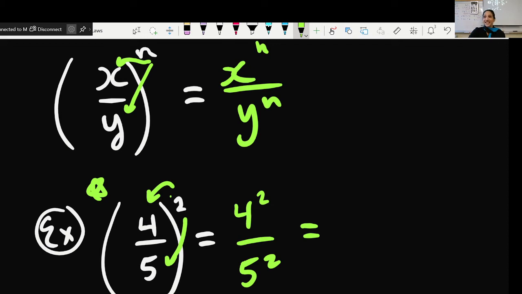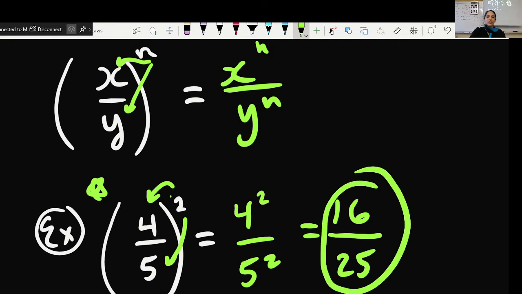Over 5 squared, what's 5 squared? 25, good? So that's what we would end up getting. So the key here is just knowing that the exponent gets distributed to the top and the bottom.